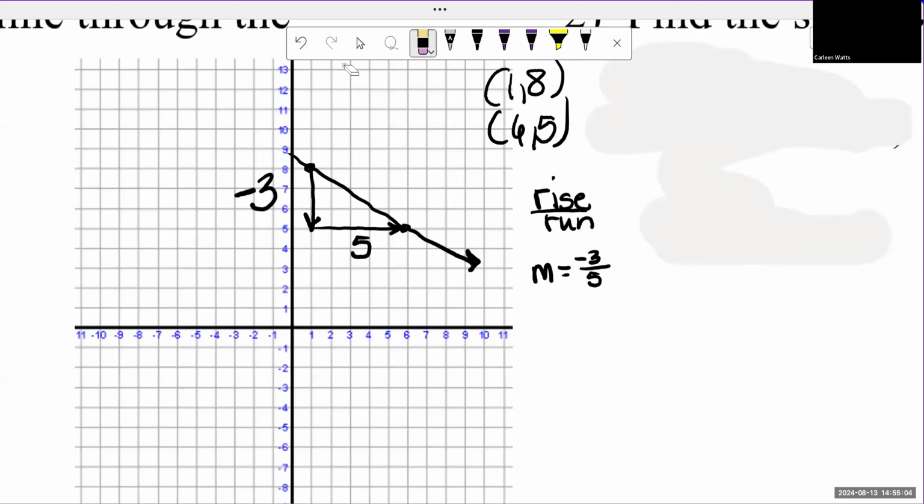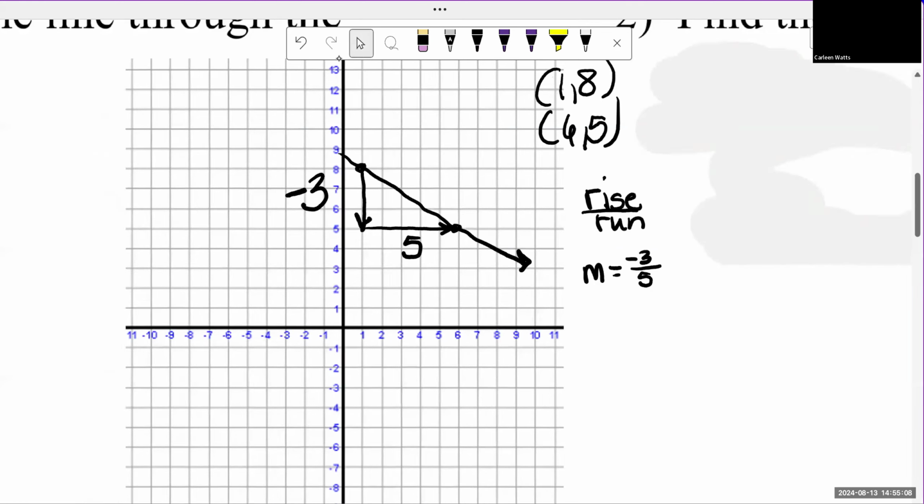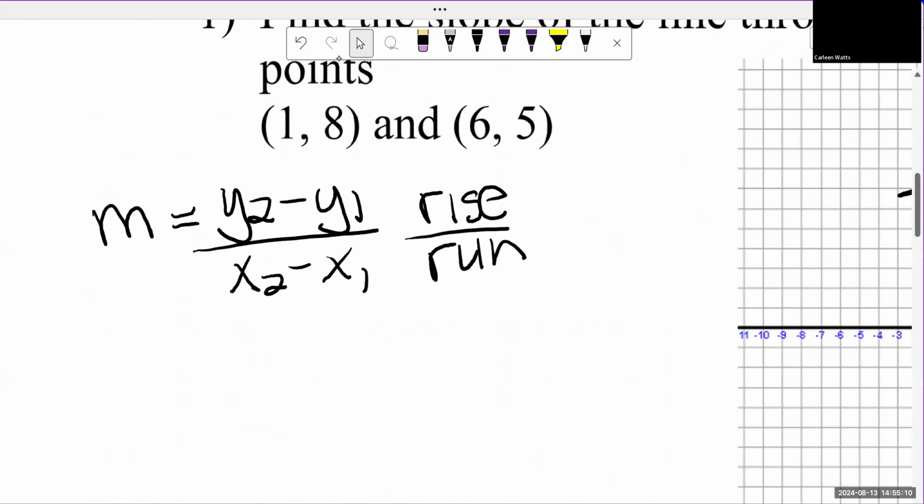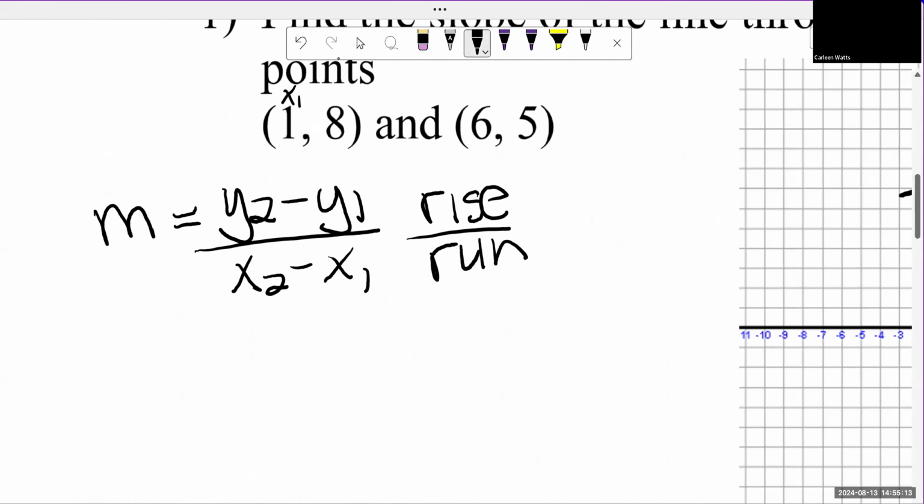So let's see how the formula agrees with the graph. These are my x coordinates and these are my y coordinates. X1, Y1 and X2, Y2, point 1 and point 2. So we're going to go Y2 minus Y1. Sometimes we put it in a box.